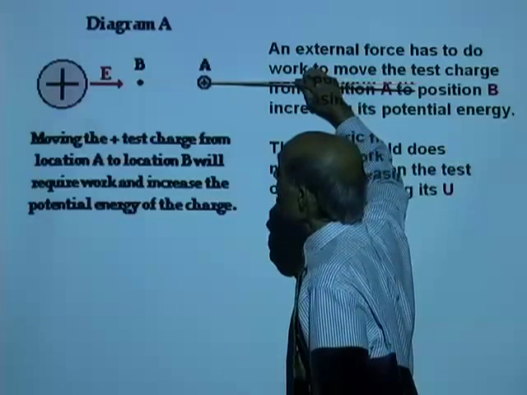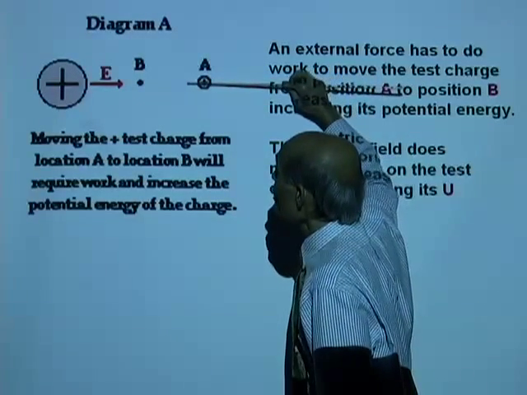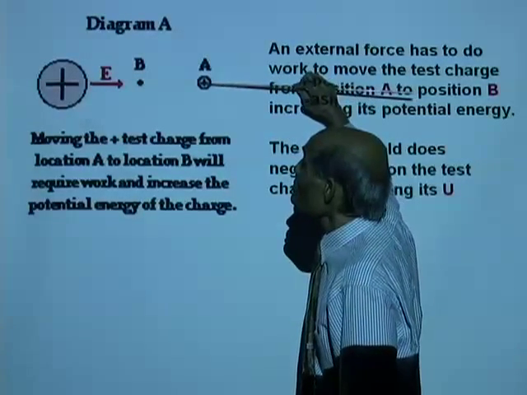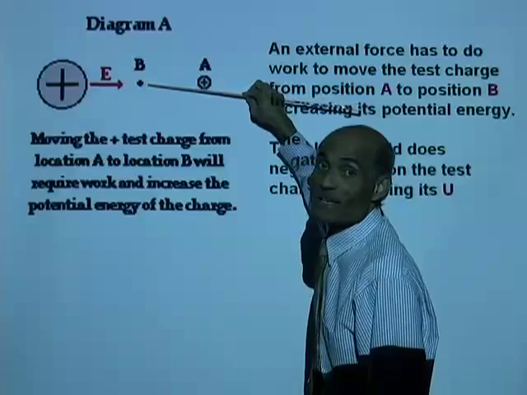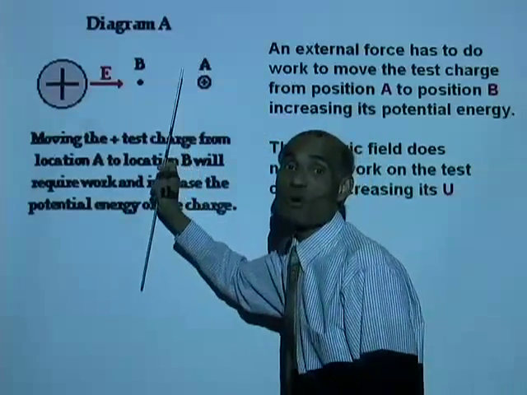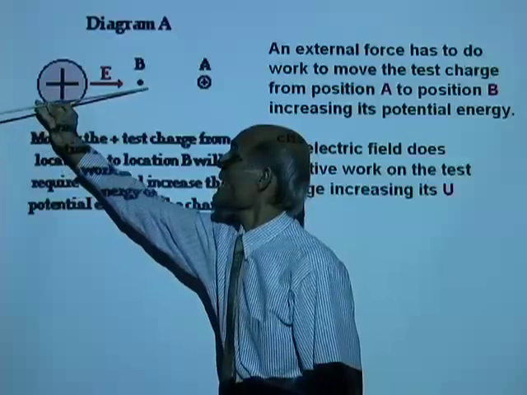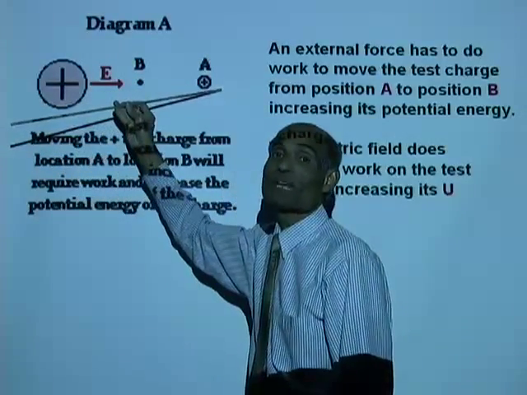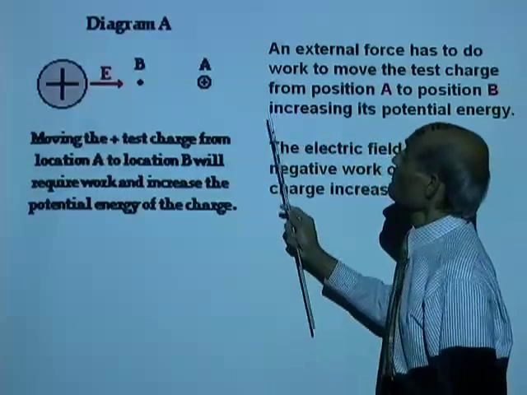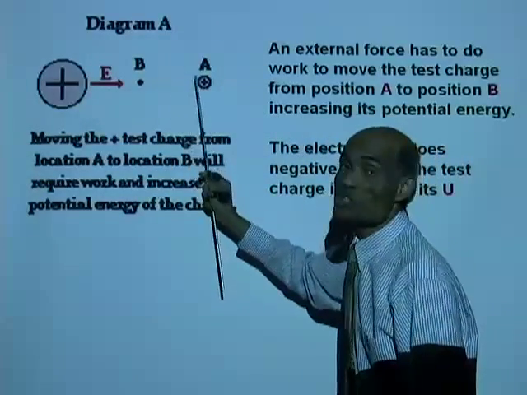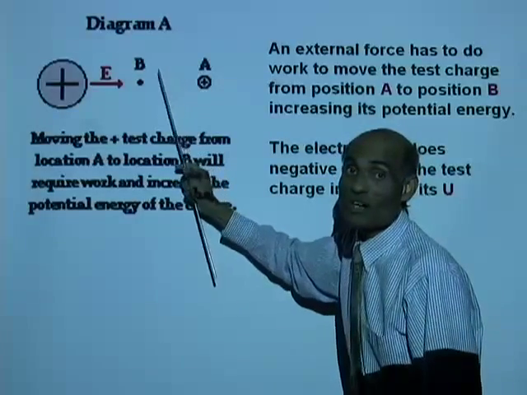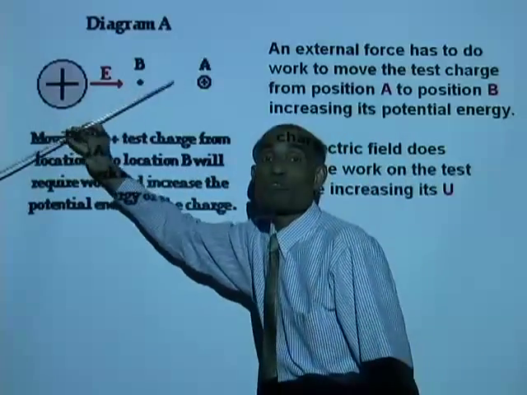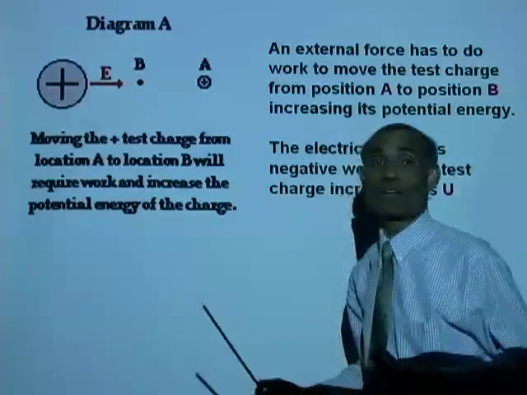So when the external force moves the object from A to B, you can see the external force is directed from A to B. If that work done is positive, then the work done by the electric field will be negative, because the electric field is directed from B to A. In order to increase the potential energy, we move the test charge from A to B. And when you do that, the electric field does negative work on it.